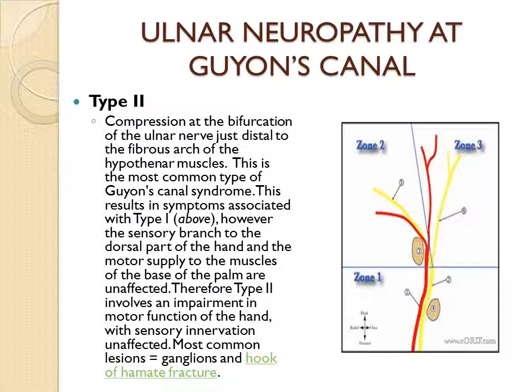A type 2 compression happens slightly more distal, and it's a compression at the bifurcation of the ulnar nerve just distal to the fibrous arch of the hypothenar muscles. And this is the most common type of compression of the ulnar nerve within the tunnel of Guyon. It results in symptoms associated with type 1, as we just discussed.